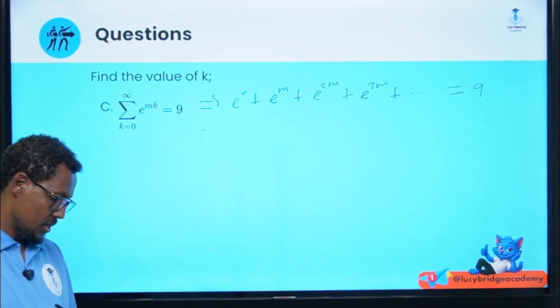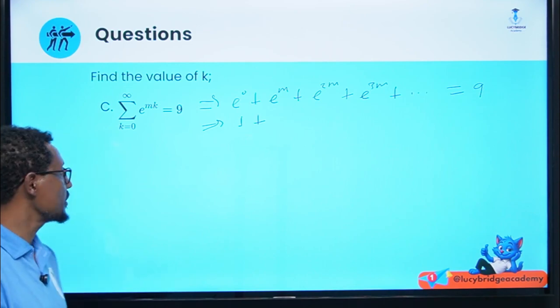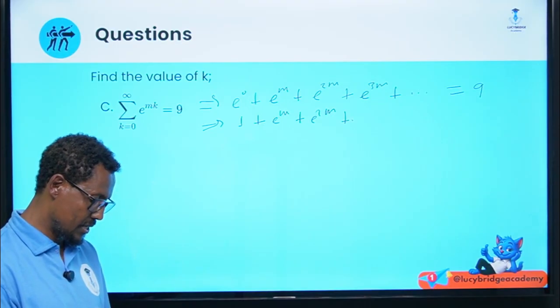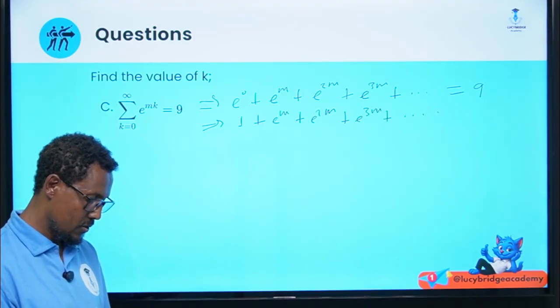Look, this means 1 plus e to the power m plus e to the power 2m plus e to the power 3m plus it continues, which is equal to 9.